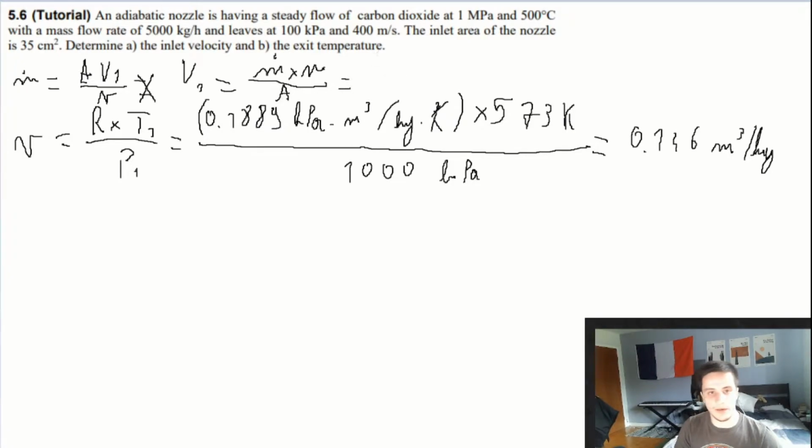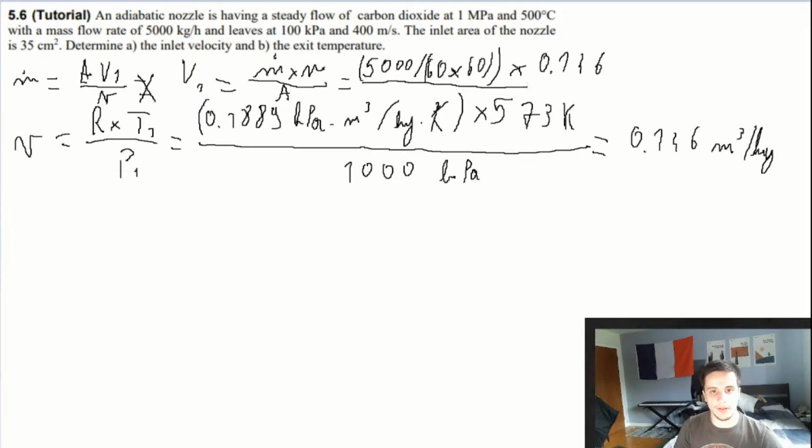And so the mass flow rate is 5,000. But then you should divide that by 60 to convert to minutes, and then another 60 to convert to seconds. So that will be divided by 3,600, and that'll give us kilograms per second. And then multiply that by the specific volume we just found, 0.146.